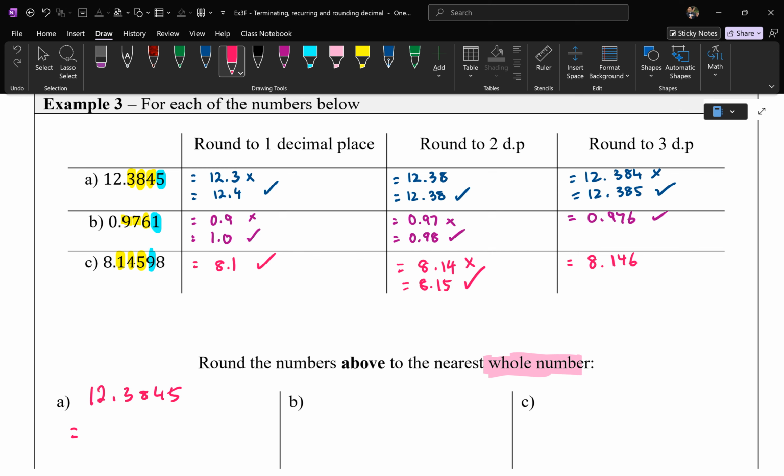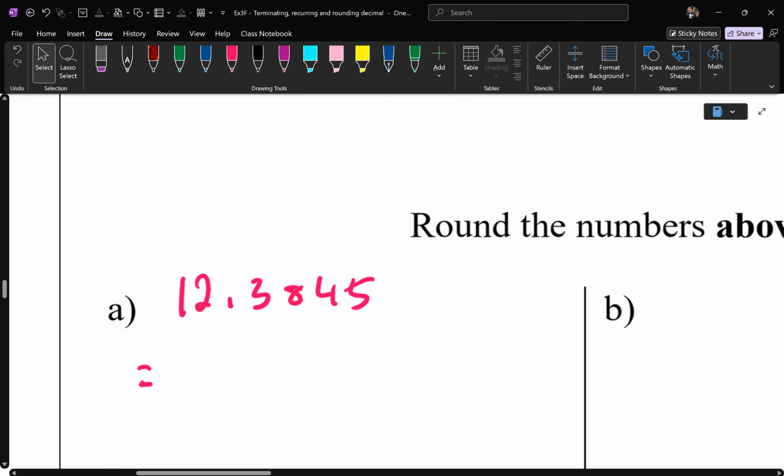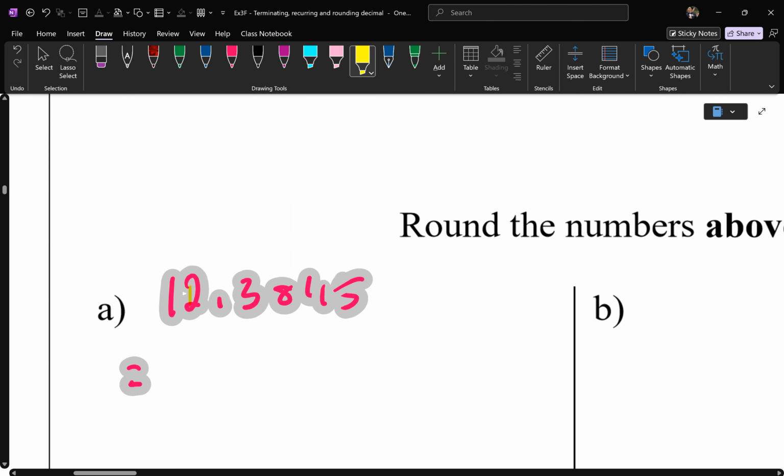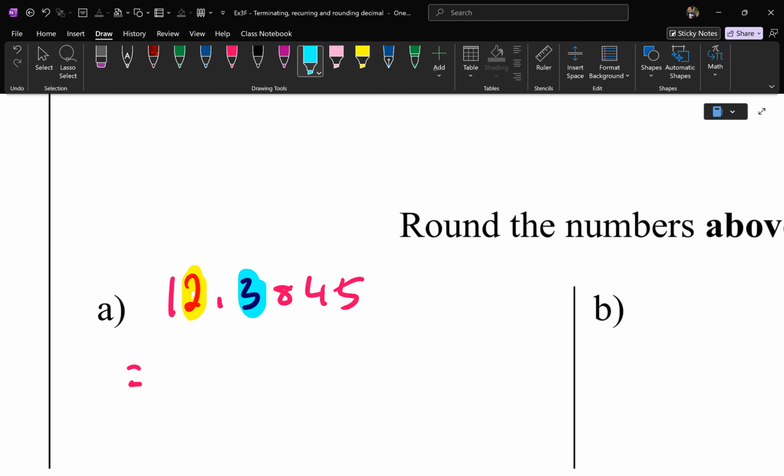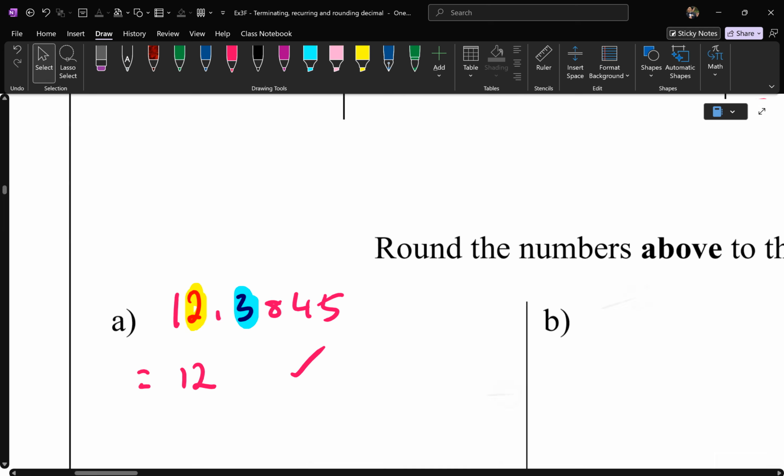What is that to the nearest whole number, which means units? 12. Yeah, because you look at the units column, I need a 2. But then you check the next digit. It's a 3. That's not 5, so that's why we keep it as 12. We don't take any decimals, so it's a whole number. So 12 is the correct answer.